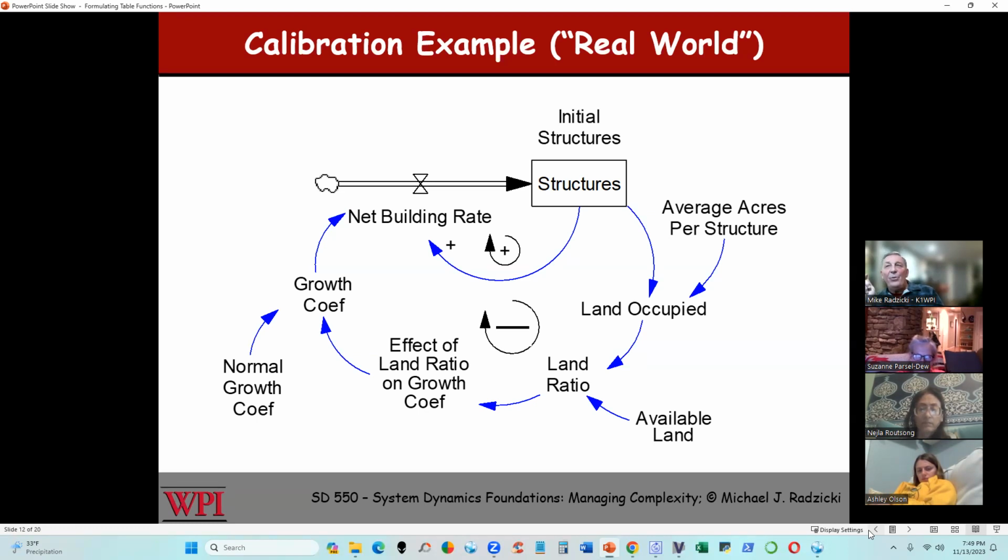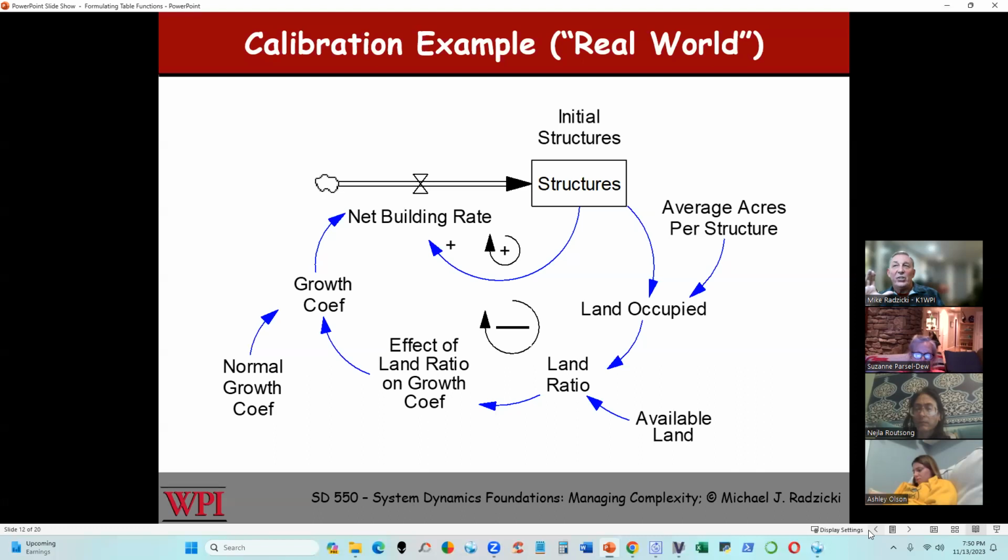Now, pretend this is not a model. Pretend this is the real world. We're going to do a synthetic data experiment. I'm going to add some noise to the model so it's not so smooth and perfect. Then I'll run the model and export the data to Excel.